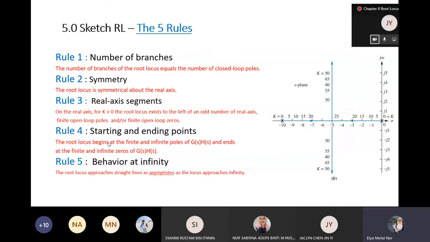Okay, so now rule number 4, which is about the starting and ending points. The starting of the branch, the locus, must be from poles, and it must end at zeros. But in this result, there are no zeros, right?